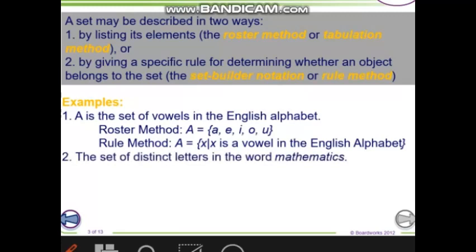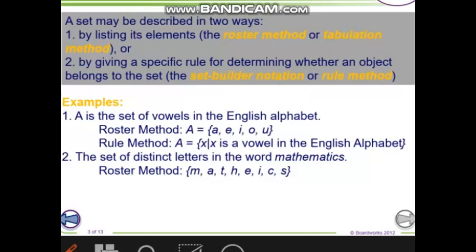Another example, the set of distinct letters in the word mathematics. Now take note of the word distinct, okay? So we have the roster method. We just have M, A, T, H, E, I, C, and S. The rest of the letters are already in the set. We can only have unique elements.